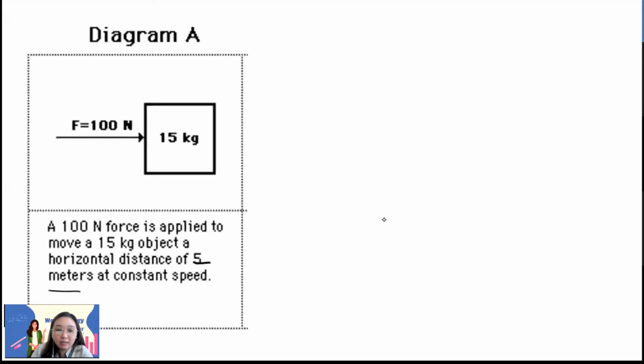Ano muna natin? Since positive yung displacement, most probably it is going to this direction on the positive x-axis. So, i-diagram lang natin siya, FBD. So, this is our 100 newtons, FA. Okay?